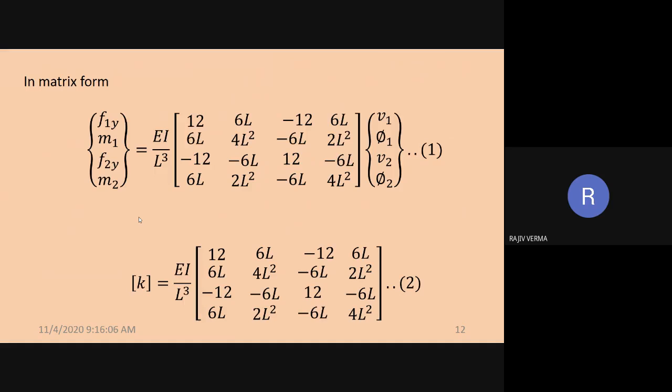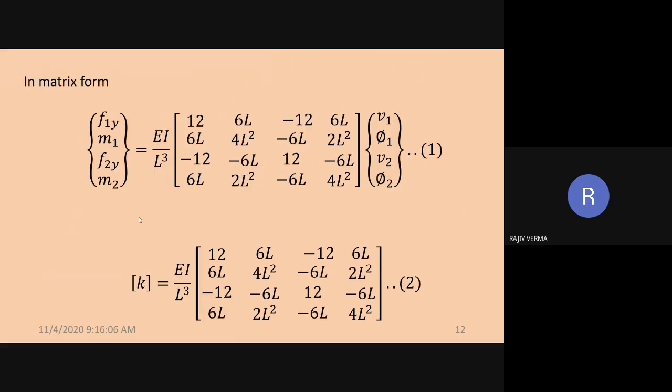Obviously, the matrix involved in between happens to be the stiffness matrix, which relates the left hand side to the right hand side. What should also be observed is that this stiffness matrix is also a symmetrical matrix, as we have obtained in the case of a bar element, which was discussed previously.